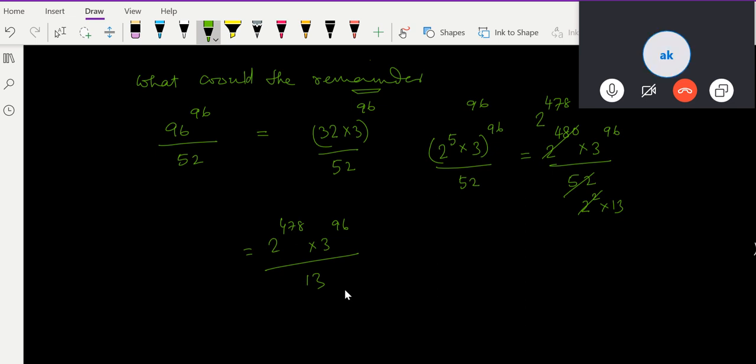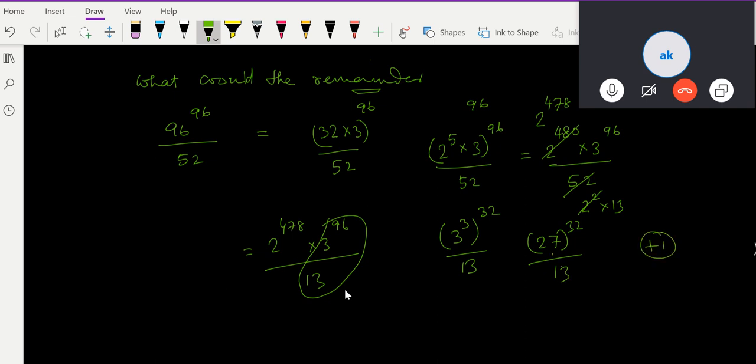So first let me do this one. 3 to the power 96 means 3 to the power 3 whole to the power 32 divided by 13, which means 27 to the power 32 divided by 13, and 27 divided by 13 gives a remainder of plus 1.